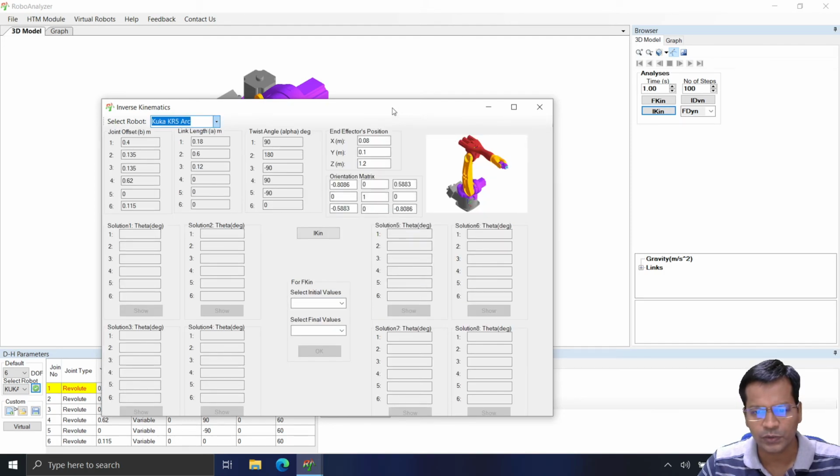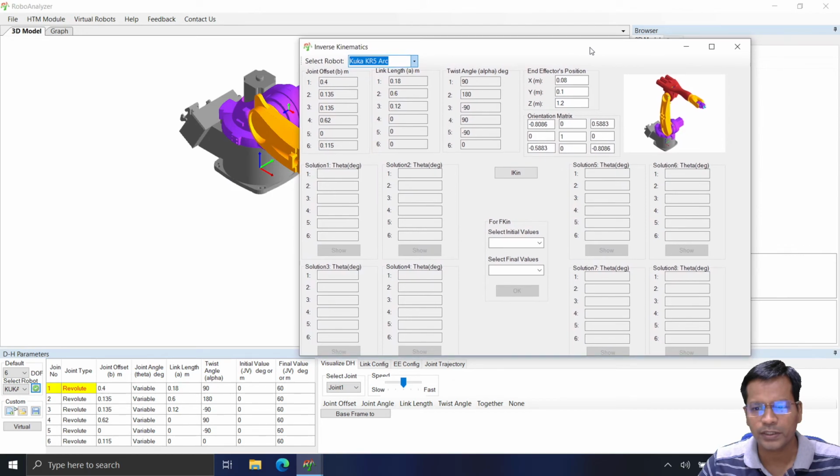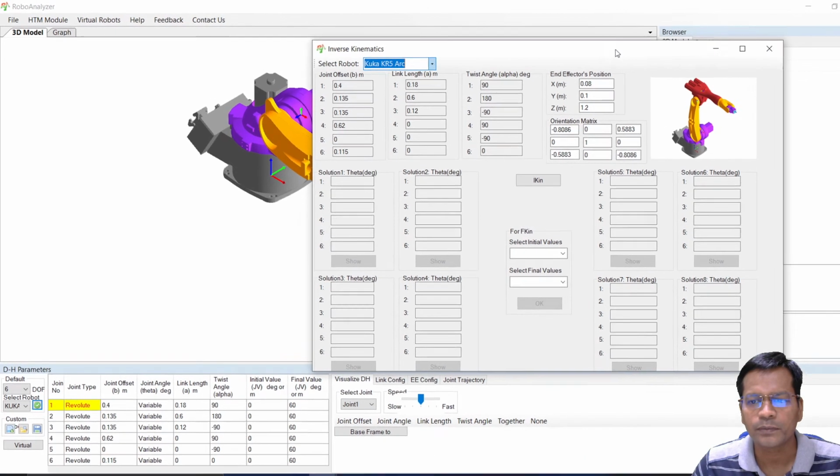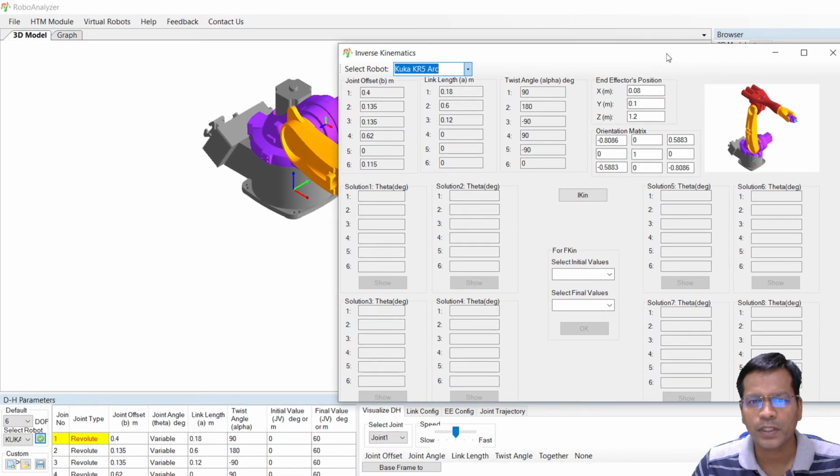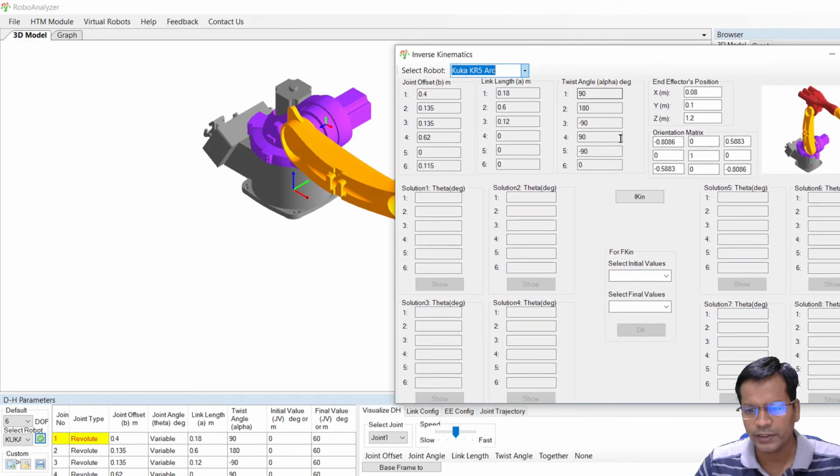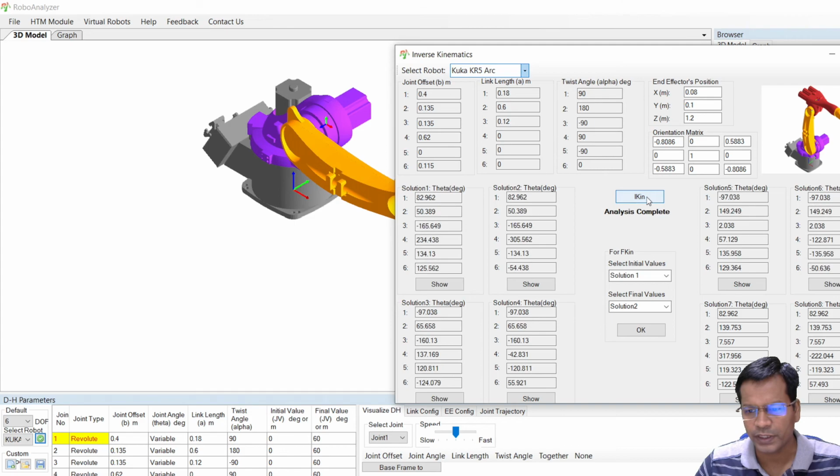So this is what it shows. I cannot zoom it further maybe. If it is possible, I'll do it. I'll pan it as required, don't worry. I'll just click the icon for this location. It shows me solution 1, solution 2, solution 3, 4, 5, 6, 7, 8.